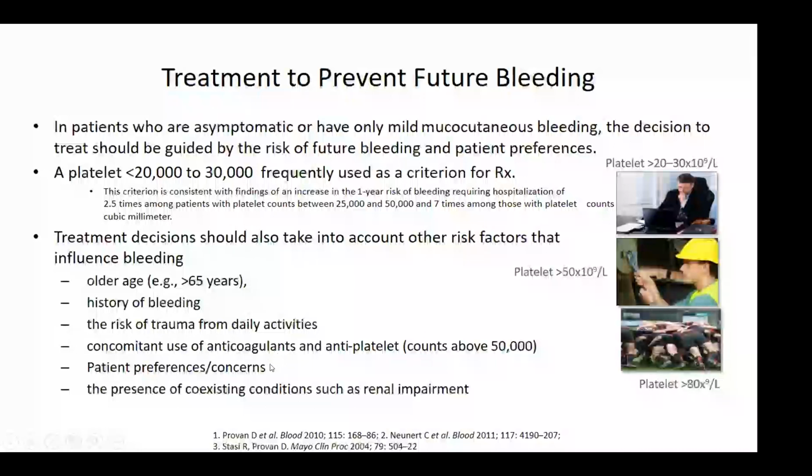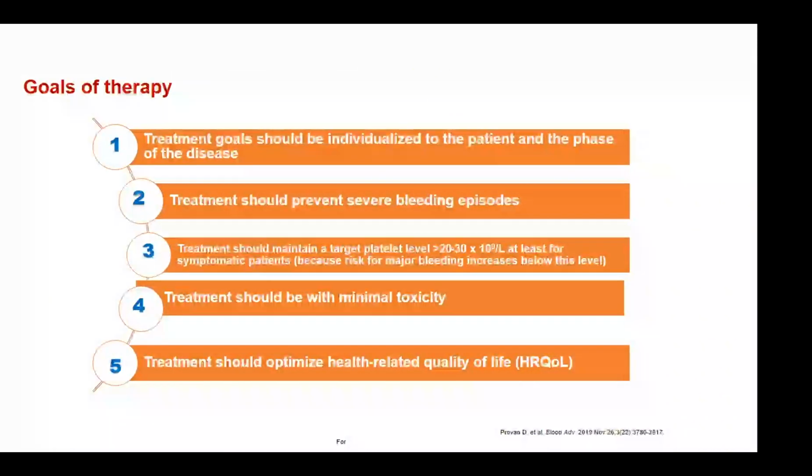Patient preference or concerns is a very important issue before starting treatment. The presence of coexisting conditions such as renal impairment or liver impairment is also very important. The goals of therapy, we have 5 goals. The treatment should be individualized to the patient and the phase of the disease.